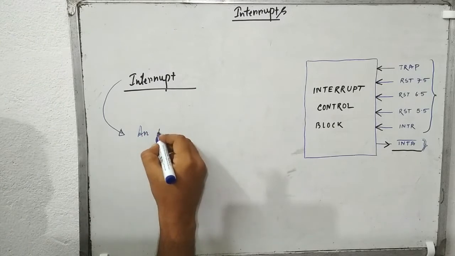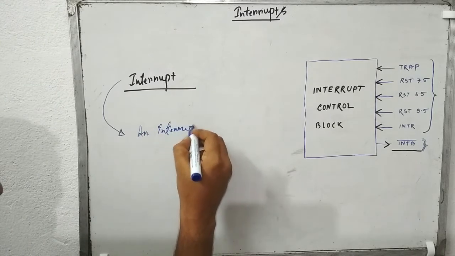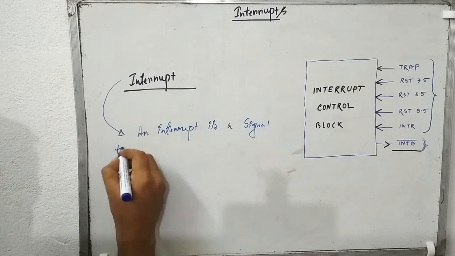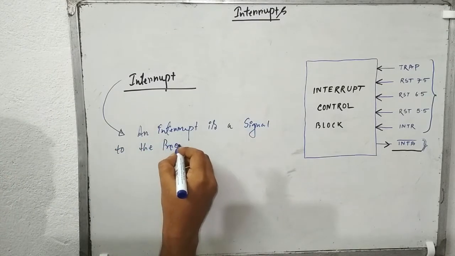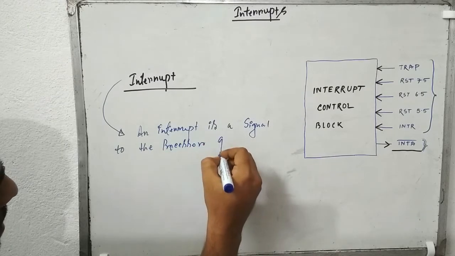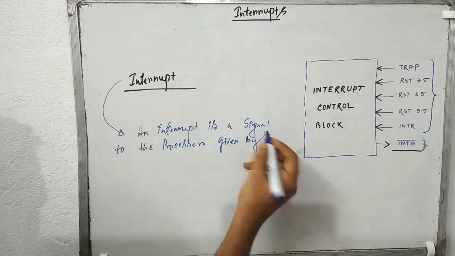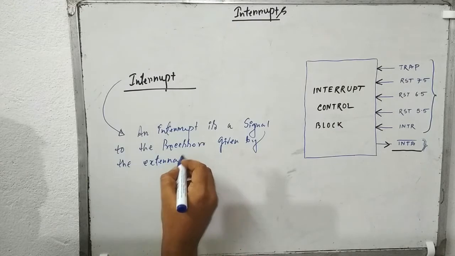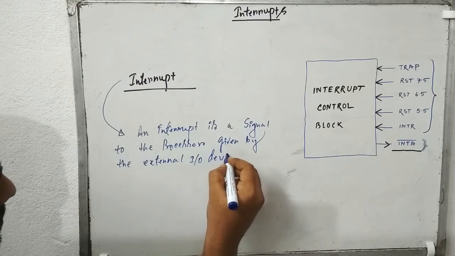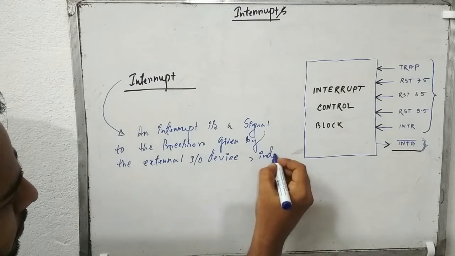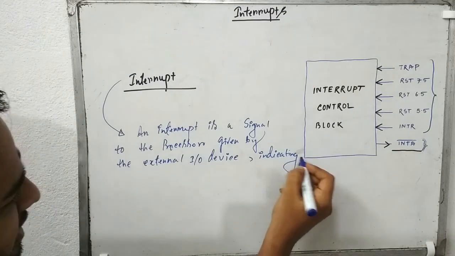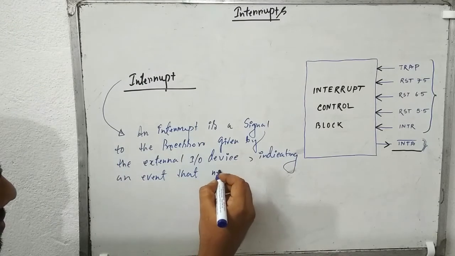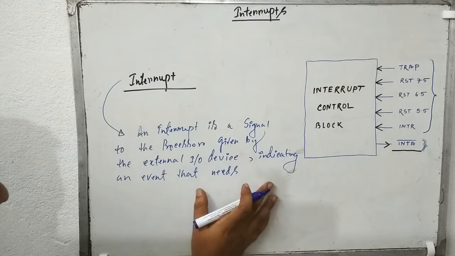So an interrupt is a signal to the processor given by the external IO device indicating an event that needs immediate attention.